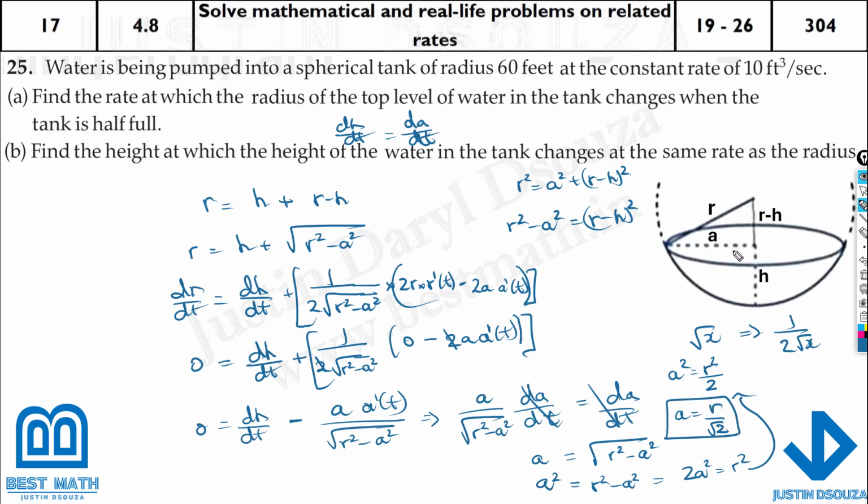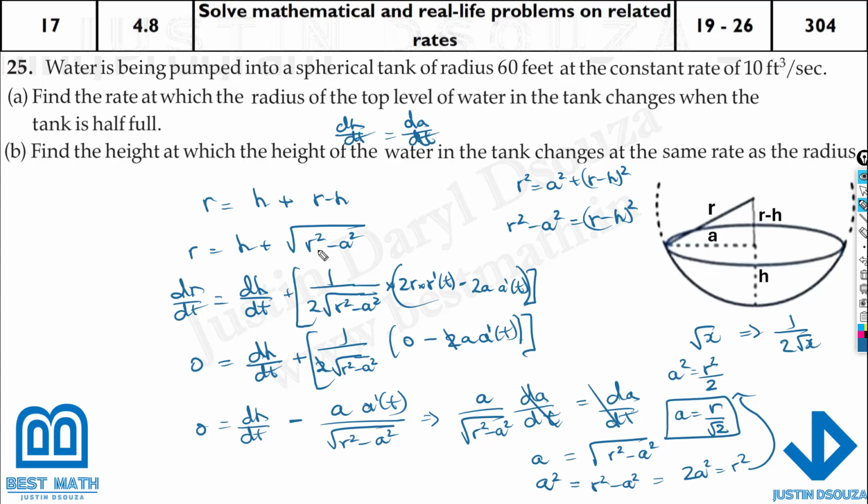We found the a value when the rate of change of height and the rate of change of radius are equal. We will get r by root 2. But what do we exactly want? We need to find the height. That's not the a value, the h value we need to find. That is fine. We can easily find it because we have this equation.